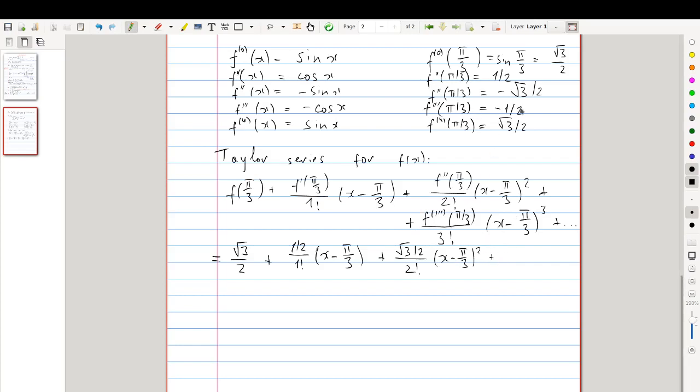The third derivative should have been minus, like so: minus 1/2 divided by 3 factorial multiplied by x minus pi over 3 cubed, and so on.